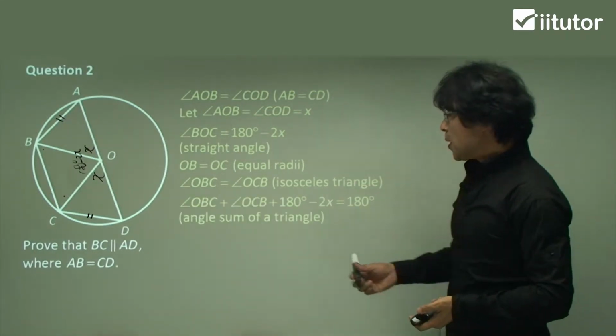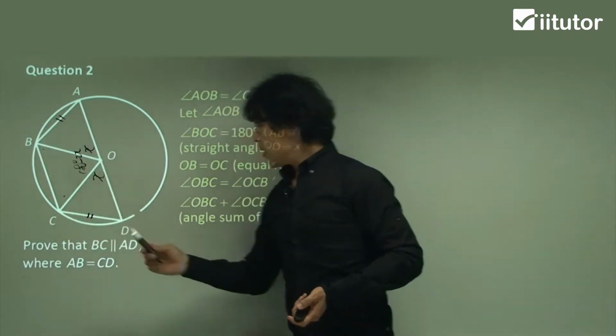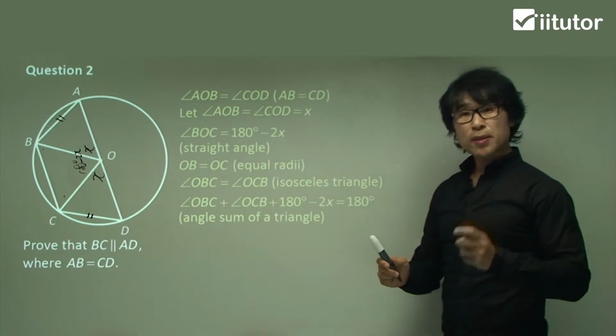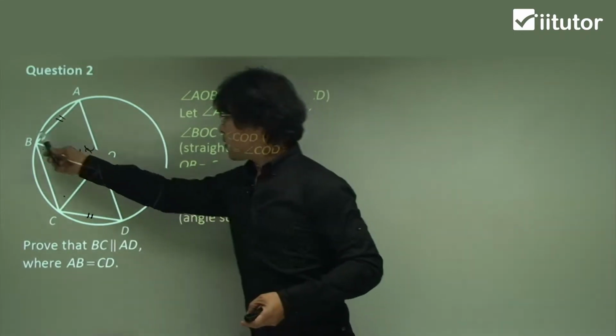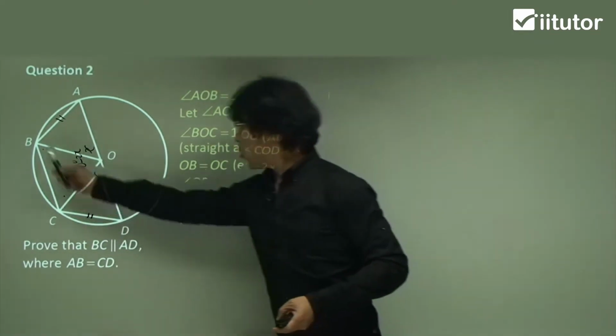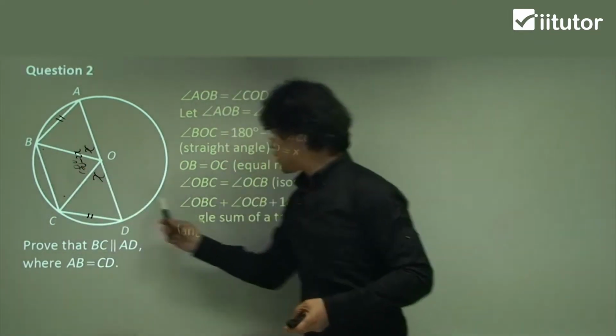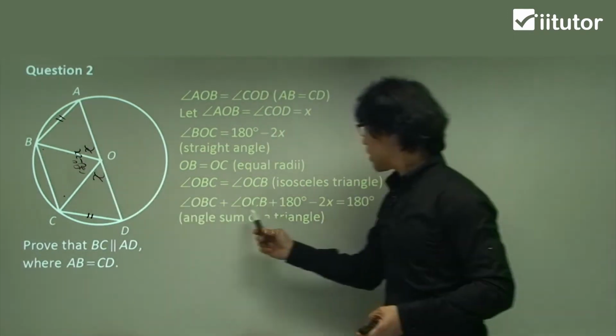So here, in this triangle BOC, the angle sum of the triangle must be 180 degrees, right? So OBC plus OCB, plus this angle, 180 minus 2x.